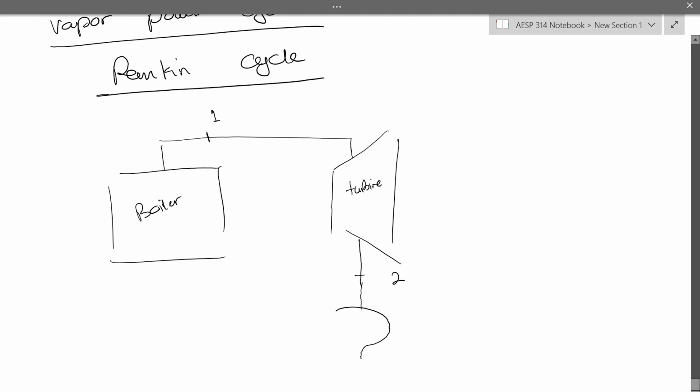People use different shapes for condenser, but this book has used this shape, in which your gas is going to change phase to water. So after the condenser, we want to have saturated liquid water. And then it is going to be pumped back up into the boiler, which is going to be state 4.